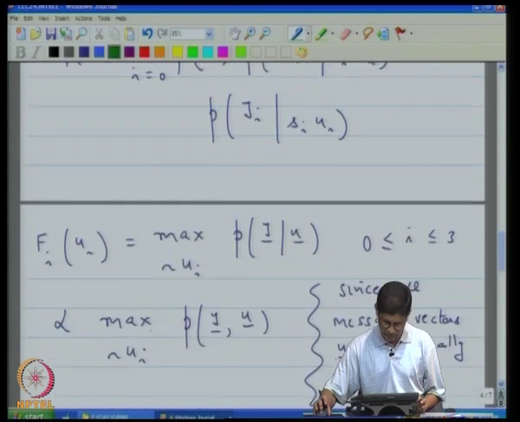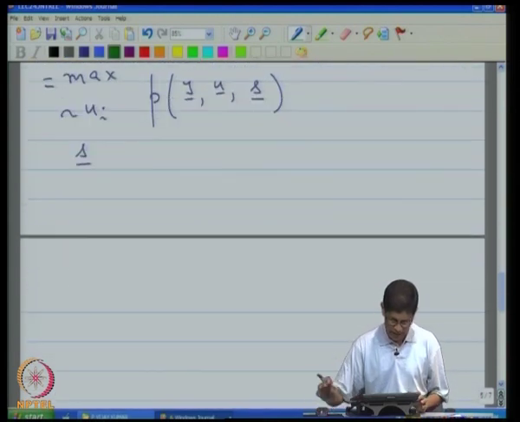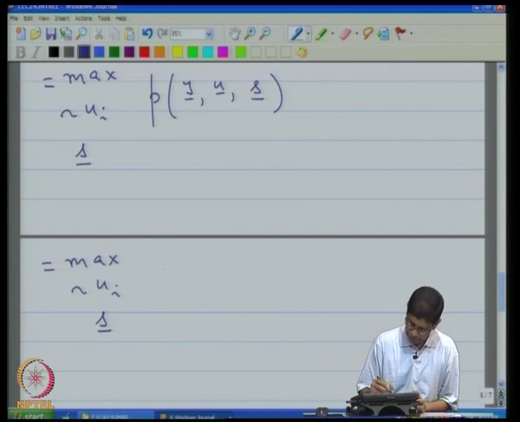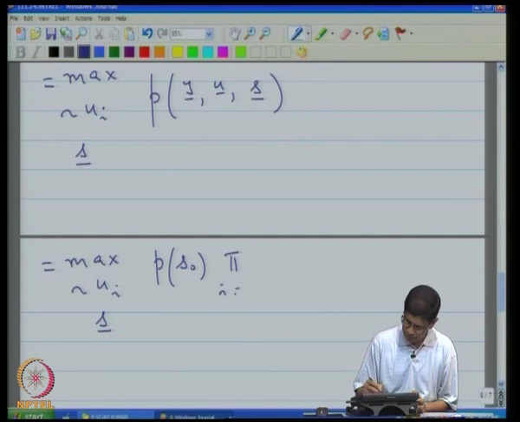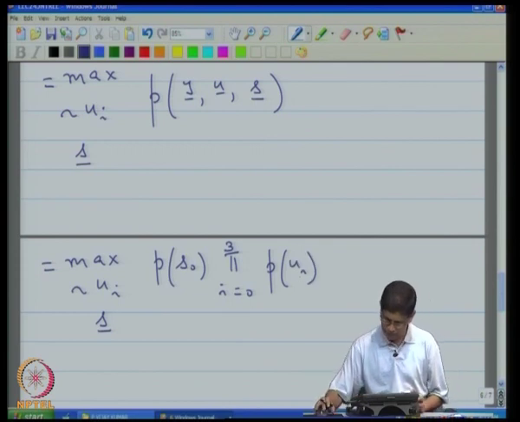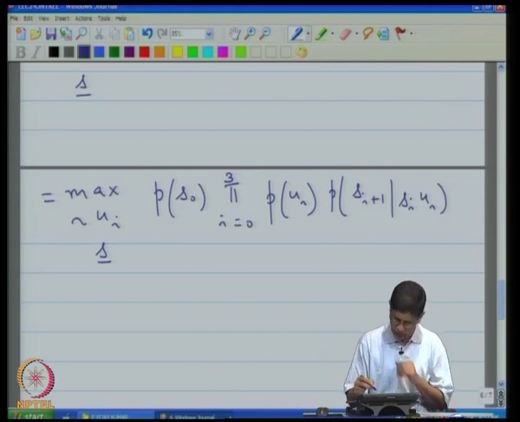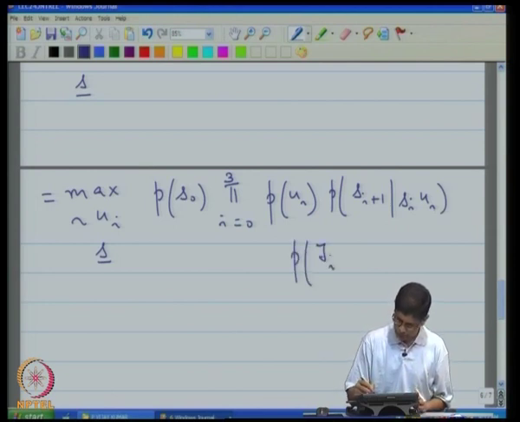So, using the Bayesian network and the corresponding factorization, I can write this as the max over tilde ui over all s of exactly the expression we had earlier, p of s naught, i equal to 0 to 3, p of ui, p of s i plus 1 given s i ui, p of y i given s i and ui.